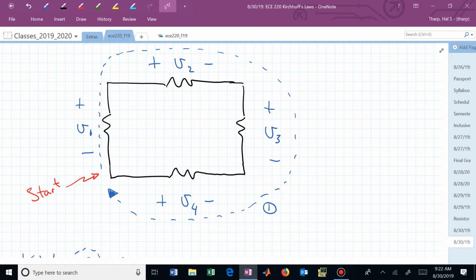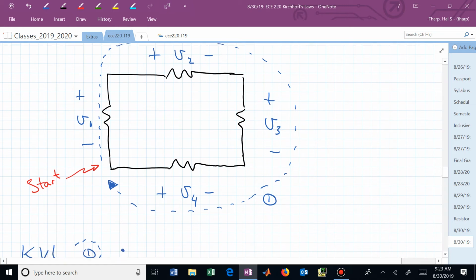A negative. So I would just say minus V1. I wouldn't say, oh, there's a rise, but it is a voltage rise from bottom to top through that element. I'm just going to keep track of the signs that I encounter first before I go into that element or through that element. And that's how I'm going to then write down my equation.